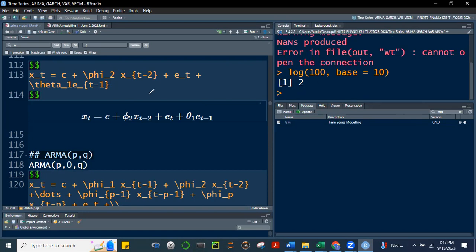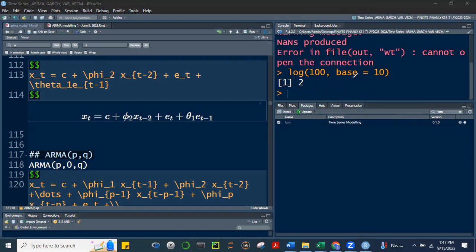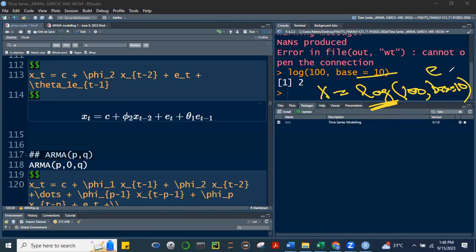It's just a review: x is equal to log of 100. In R, when you take the log, class, automatically the default is that you're basing it on e, so this is the natural logarithm, to be exact.